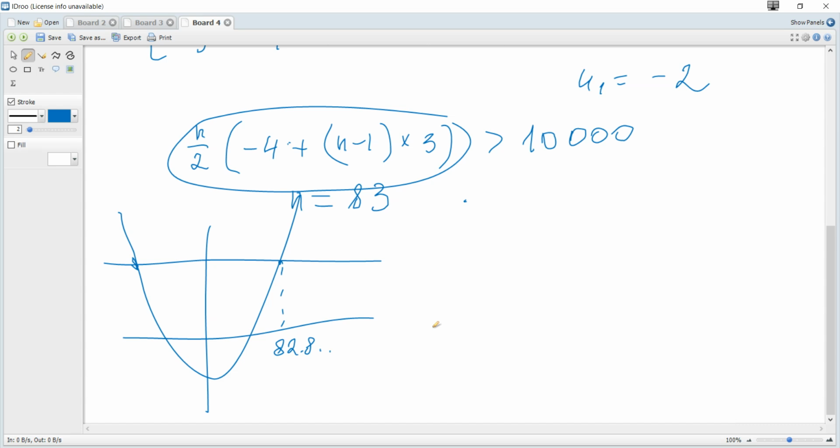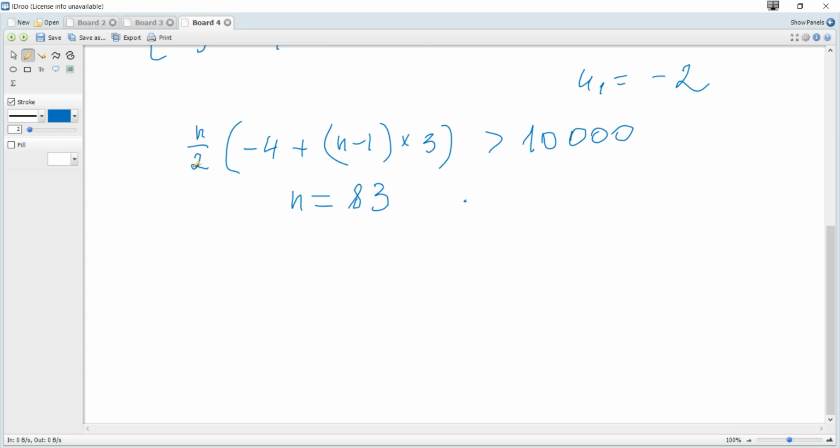Another method is to expand and simplify to get this inequality in the form an squared plus bn plus c is greater than 0, where a, b, and c are some coefficients, and you can see that here the coefficient in front of n squared is positive, so the graph of this function is a concave up parabola.